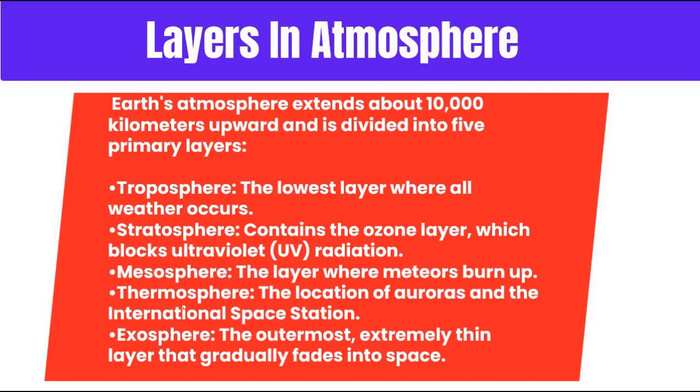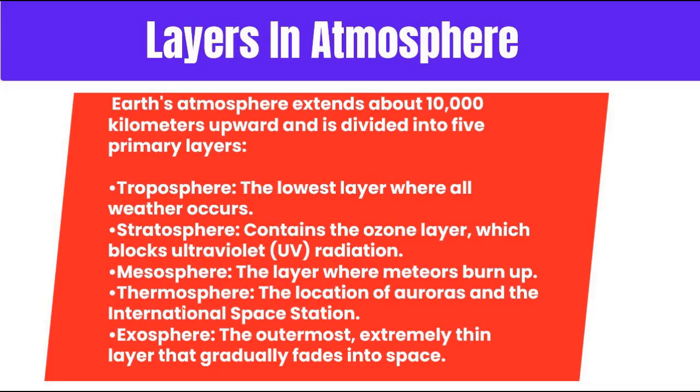Here for now, just for the sake of intro, Earth's atmosphere extends up to 10,000 kilometers upward, and it is divided into five primary layers. Now we can categorize them in terms of various aspects, but here the lowest layer is the troposphere, where all the weather phenomena occur.